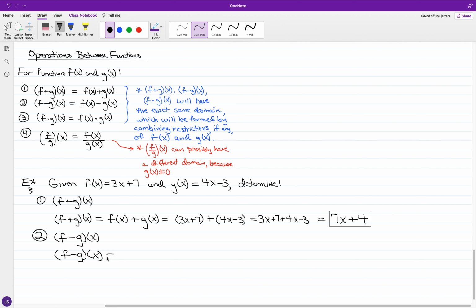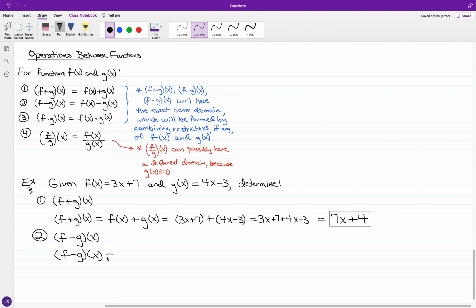So with f of x, I have 3x plus 7. I have subtracting g of x, which I have at 4x minus 3. Again, I'm using parentheses to distinguish and separate the f of x and the g of x.